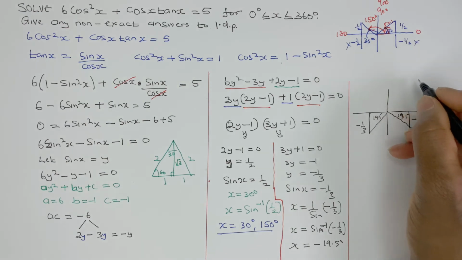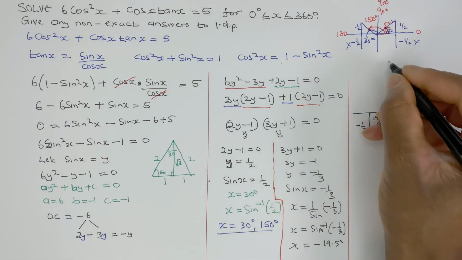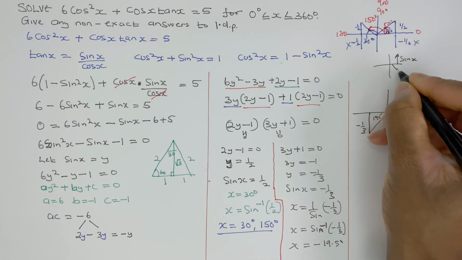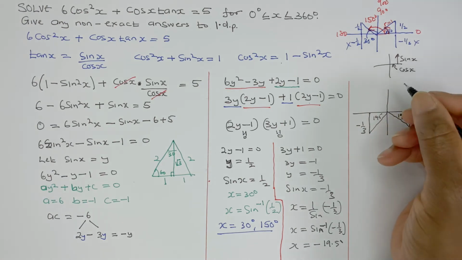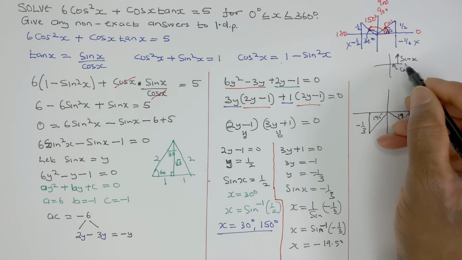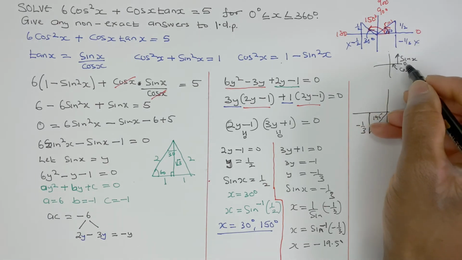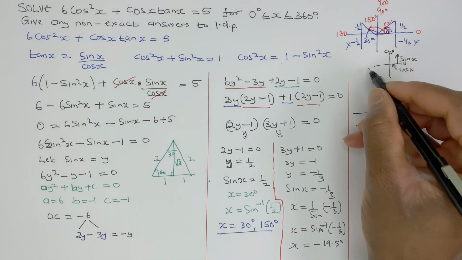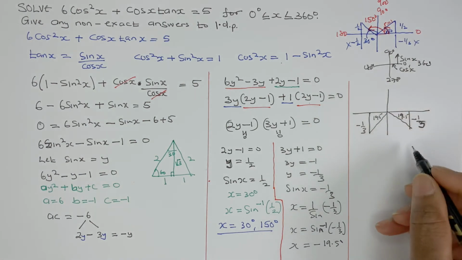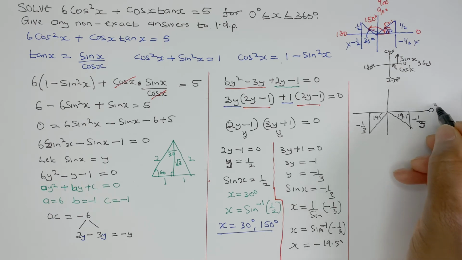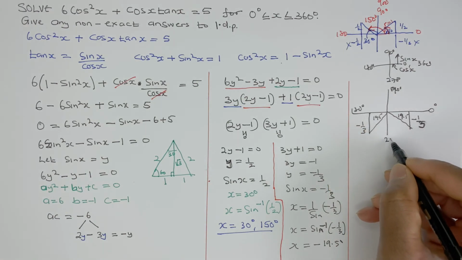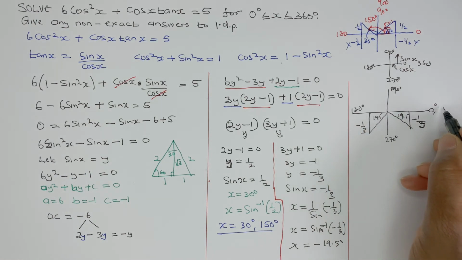Remember, whenever we do a CAST diagram, the y-axis is sine, and the x-axis is cos x. Always remember that, and also that we measure angles from 0 degrees in an anti-clockwise direction: 90 degrees, 180 degrees, 270 degrees, back to 360 degrees.